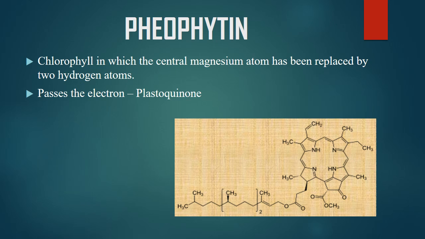From the image, it is clear that the magnesium atom is replaced by 2 hydrogen atoms. This chemical change gives pheophytin some spectral and chemical properties that are slightly different from those of chlorophyll. The pheophytin then transfers the electron to the next electron carrier, that is the plastoquinone.